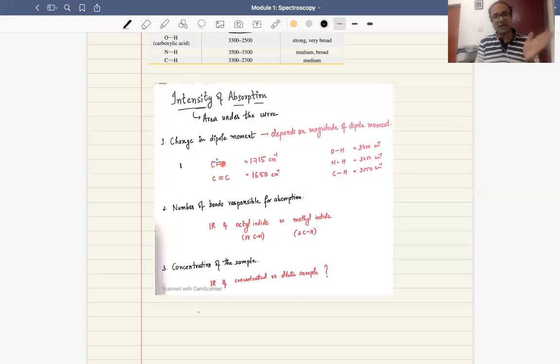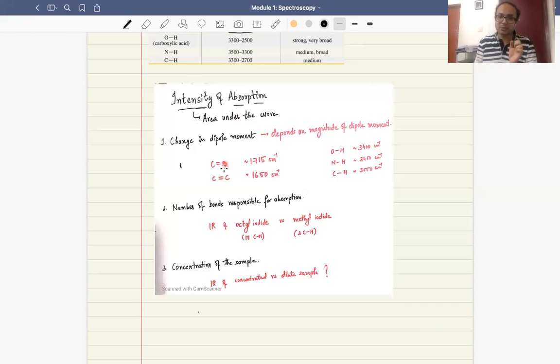As you have studied in molecular spectroscopy in your physical chemistry class, you know an important fact that for a molecule to be IR active, there should be a change in dipole moment. If you take homonuclear molecules like H2 and Cl2, these molecules do not have any dipole moment, so they are IR inactive. So for any molecule or bond to show infrared activity, it is essential that it possesses a dipole moment.